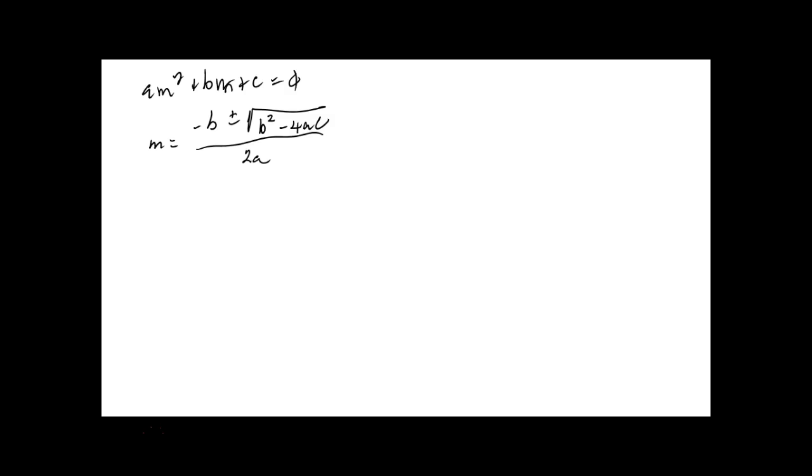Because if b squared minus 4ac happens to be less than 0, guess what? No real solutions. They're all imaginary. No real solutions. All complex or with imaginary parts, because real numbers are complex.